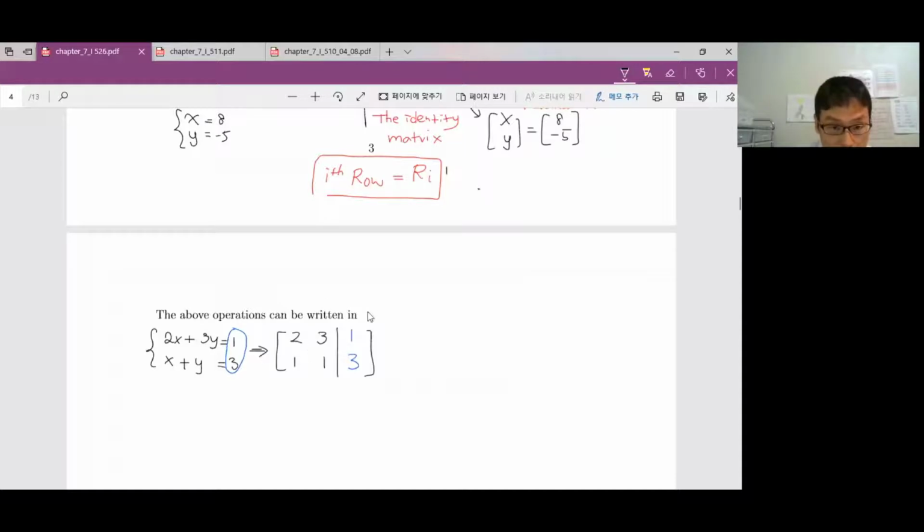This kind of matrix is called an augmented matrix. So what you are doing is taking only the numbers and suppressing the redundant parts. Is this double P or single P? Suppress, is this the correct spelling?